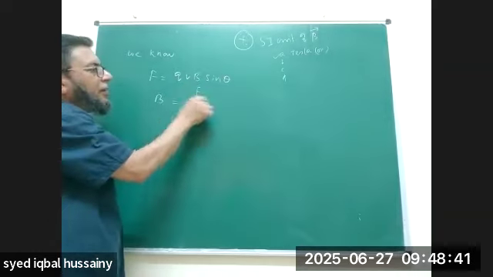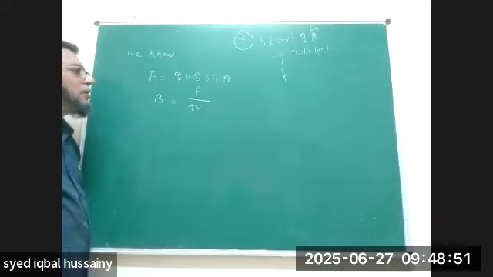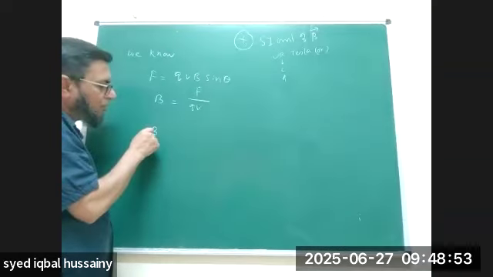So B equals F by QV sin theta. Sin theta तो कुछ नहीं है, radian नहीं जाता. अब इसको solve करके बोलिए मेरे को.